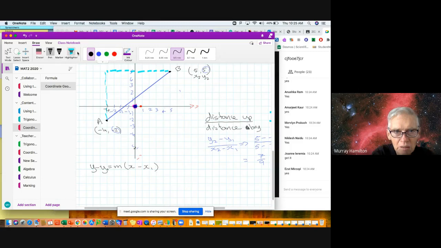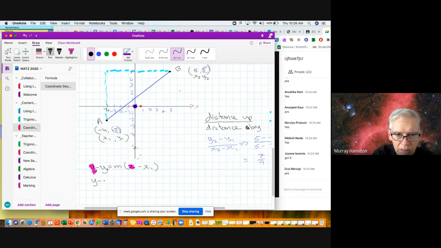Right, now it's really important that you understand that these two bits, the y and the x, don't change, but the other numbers do. So we go y minus y1. Here's my y1 and here's my x1.